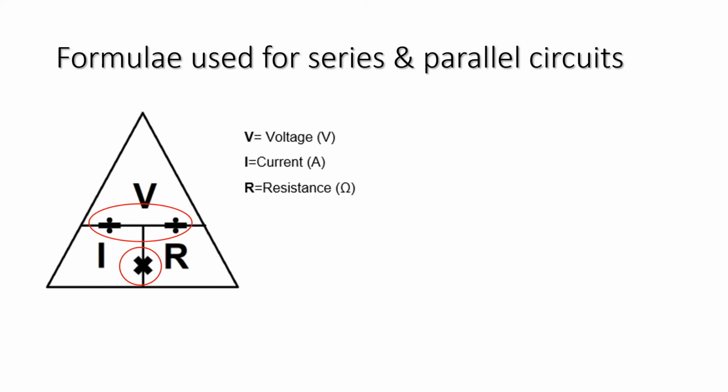So let's have a look. Voltage is V is equal to I times R. Current is I is equal to V divided by R. And resistance is R is equal to V divided by I.